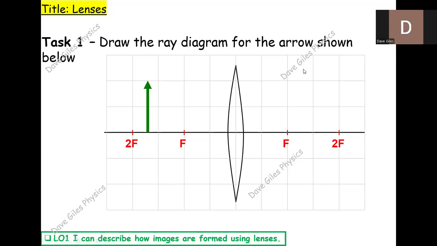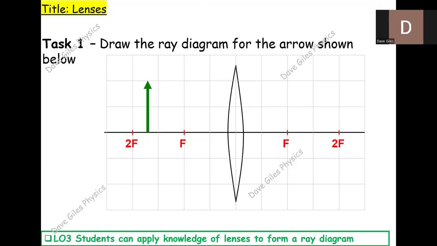Okay, I'll fix the little computer freeze up there. So the first ray goes from the top of the object to the center of the lens, and then down through the focal point.